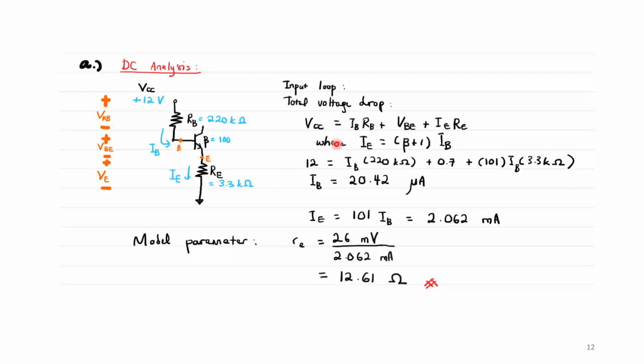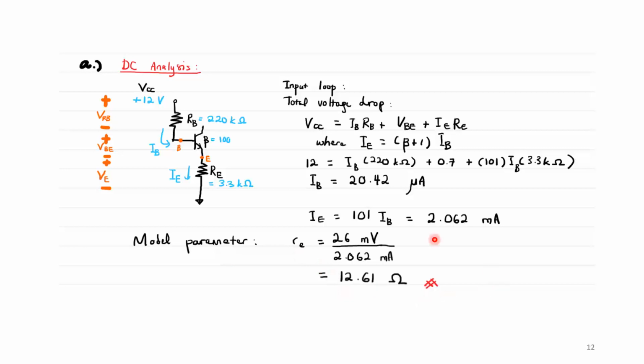So VCC equals IB RB plus VBE plus IE RE, where we know that IE is (beta plus 1) IB. Rearranging, we find IB is equal to 20.42 microamps, and IE from (beta plus 1) IB is equal to 2.062 milliamps. We can find the model parameter re equals 12.61 ohms.